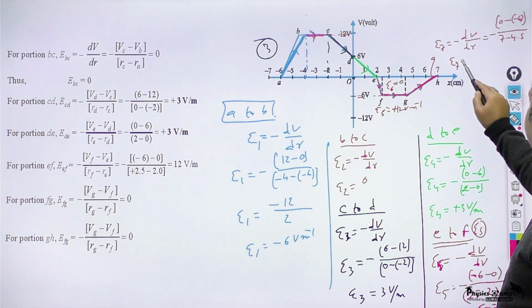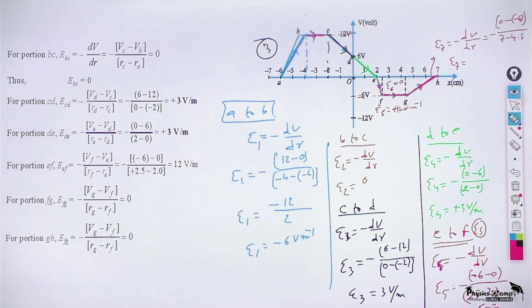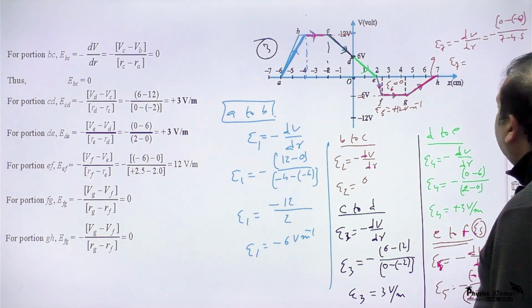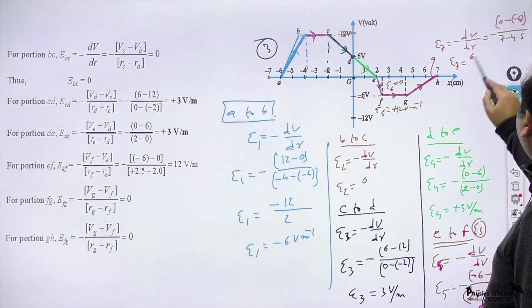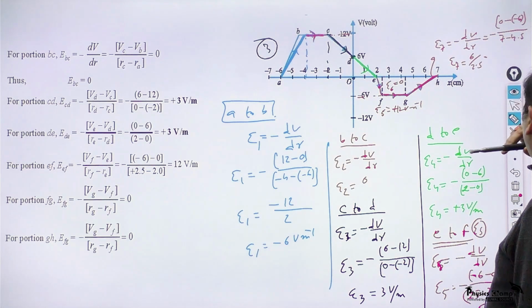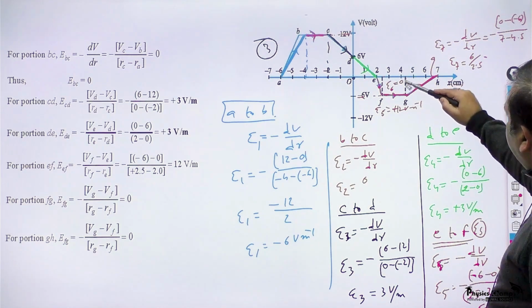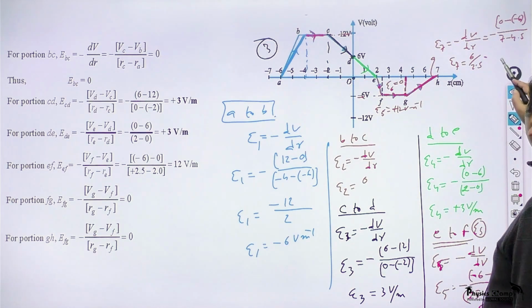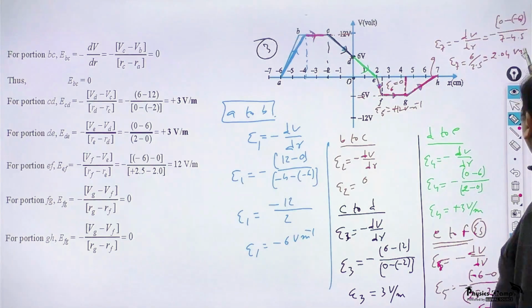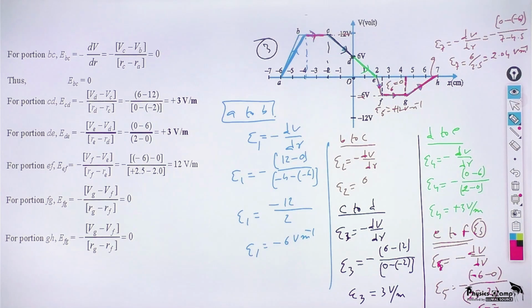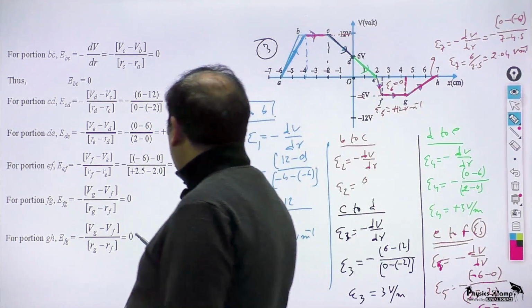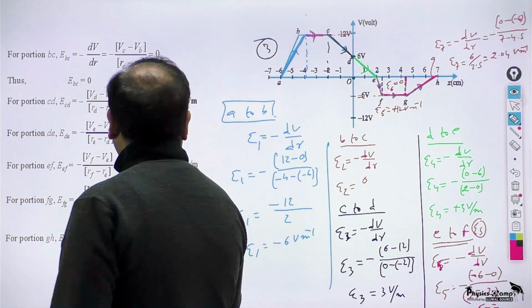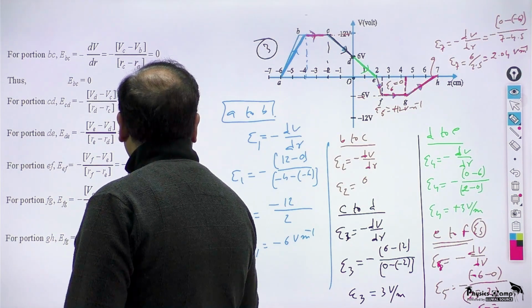So E7 comes out to be 6 divided by 2.5, because it is 4.5 here, so we'll get 2.04 volt per meter. So it is correction over here. It is going to be 2.04 volt per meter.